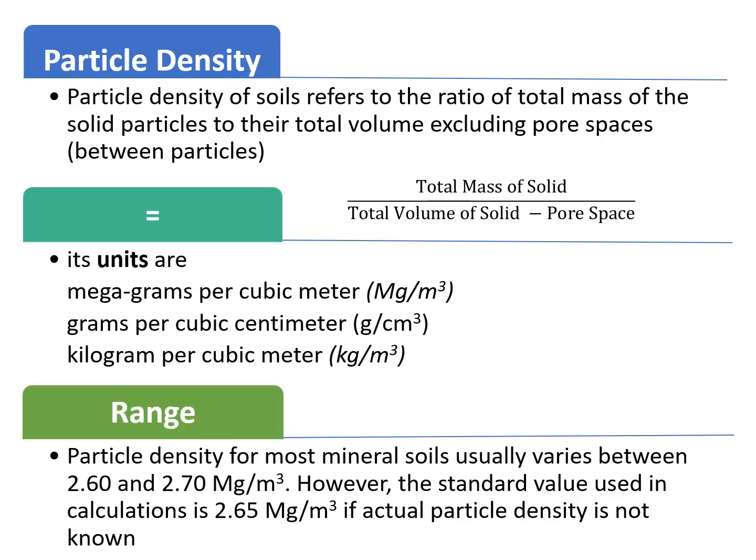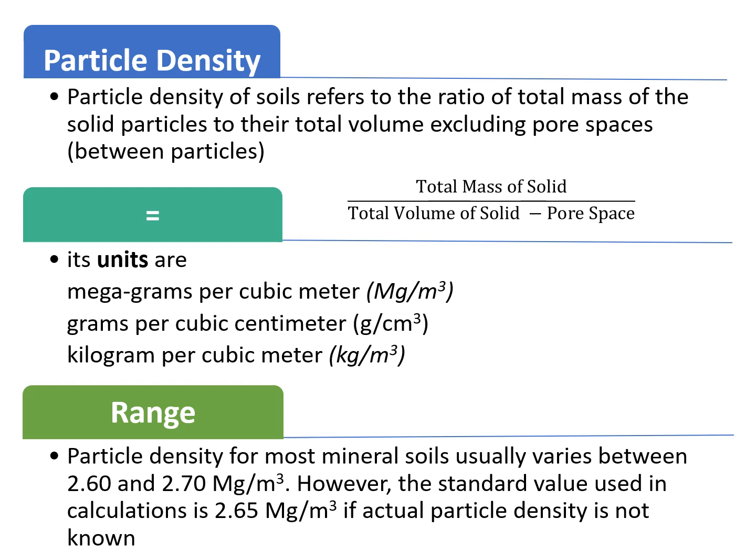Particle density of soil refers to the ratio of the total mass of the solid particles to their total volume, excluding pore spaces. This is important from an agricultural point of view, and the formula is total mass of solids divided by total volume of solids, excluding pore space, because we have to exclude them to calculate the particle density.